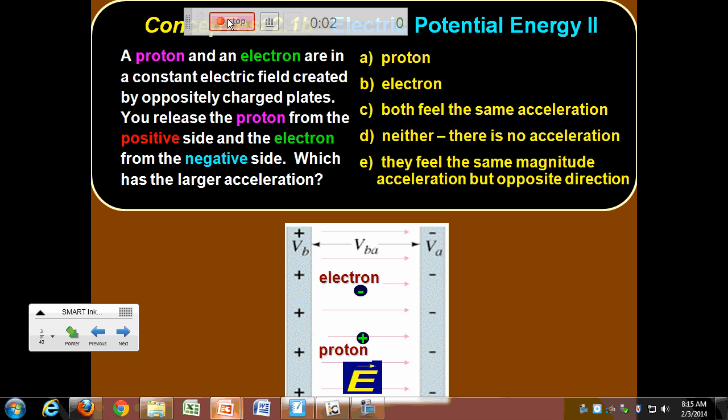Which has the larger acceleration? The electron or the proton? Or both, or neither? Stop at 35.